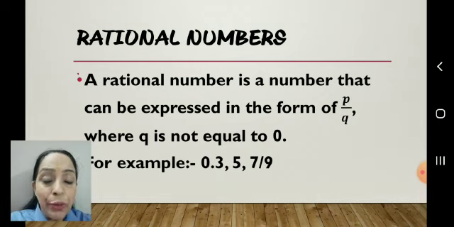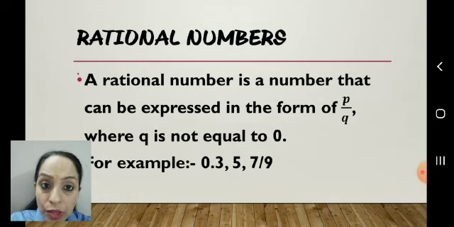For example, you can see 0.3. When I write 0.3 in the form of a fraction, what does it come to? 3 upon 10. Yes, it is a rational number. When I write 5, it means its denominator is 1, so it is also a rational number.